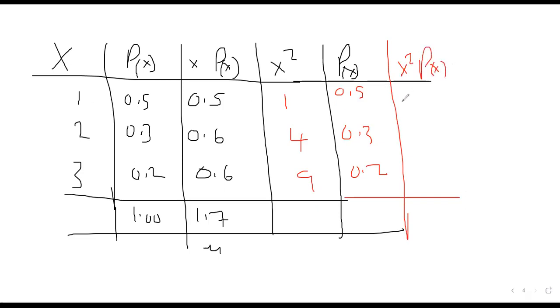So 1 times 0.5 is 0.5. 4 times 0.3 is 1.2. 9 times 0.2 is 1.8. So what do we get when we add up?